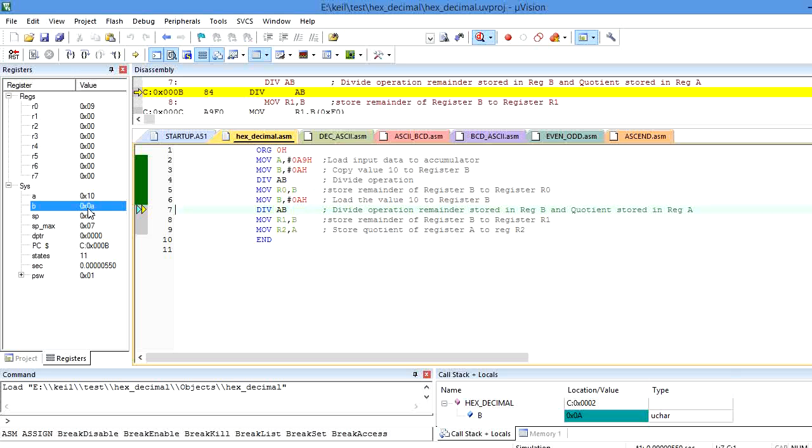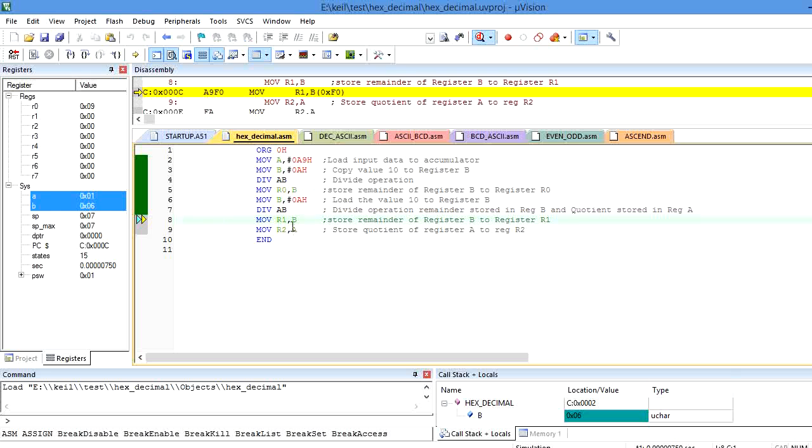After executing this code, A contains the quotient and B contains the remainder. See, A becomes 1 and B becomes 6 here. B is the remainder, that is 6, and A is 1, that is the quotient.